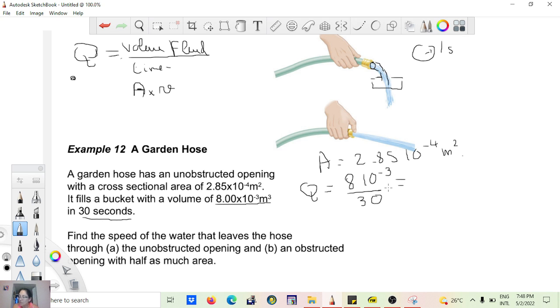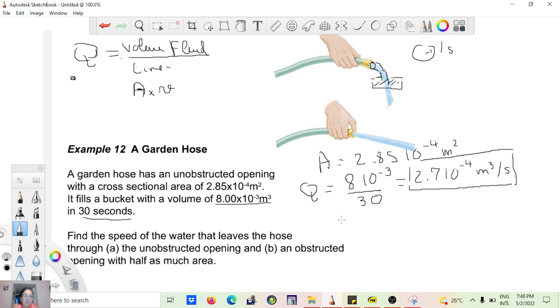So you can do that computation. That's going to be 2.7 times 10 to the negative 4 cubic meters per second, right? So in 1 second, I'm going to get that much volume. Okay, it's a rate. A rate is the amount of fluid in 1 second.